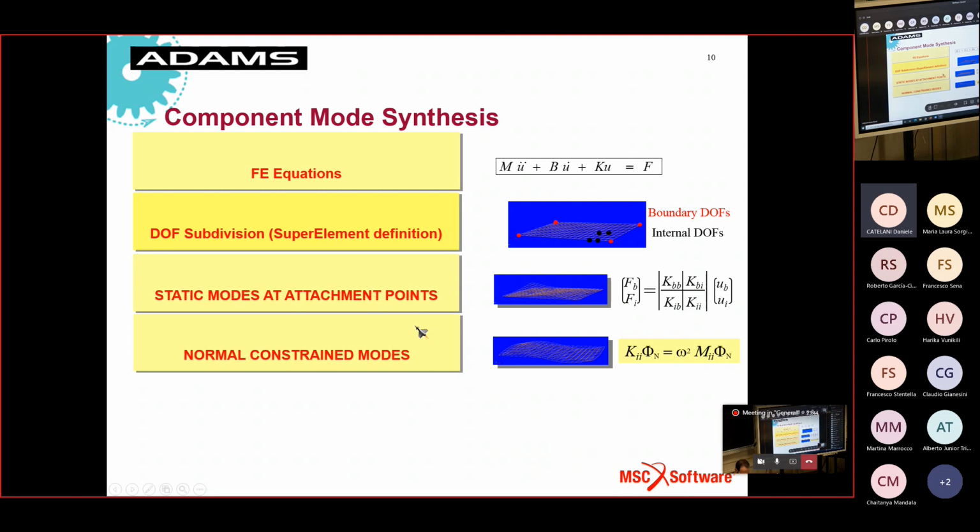So we have 2 different groups of information, one for the dynamic aspect, one for the static aspect.